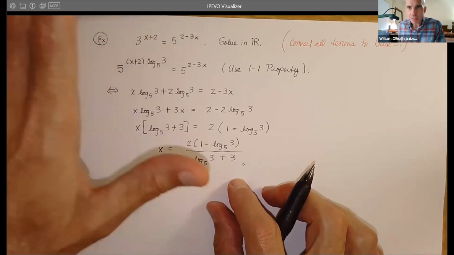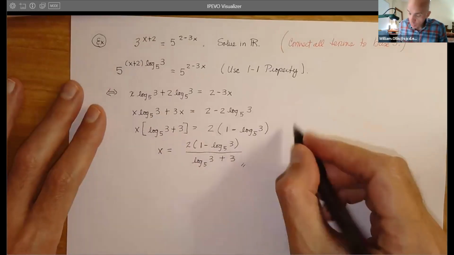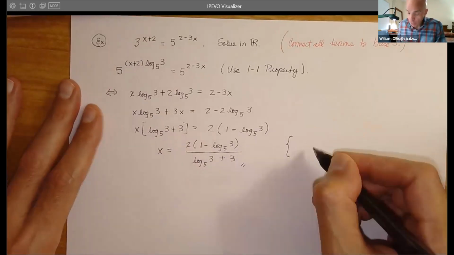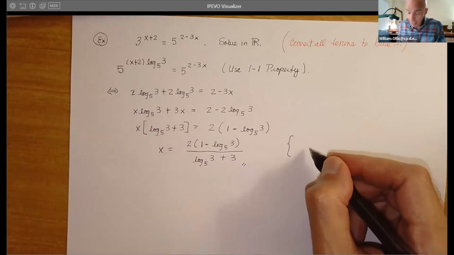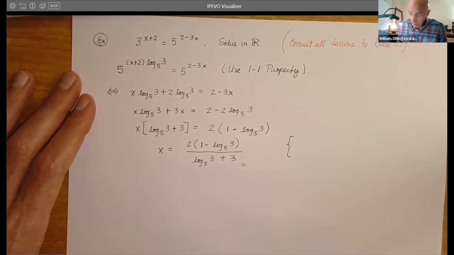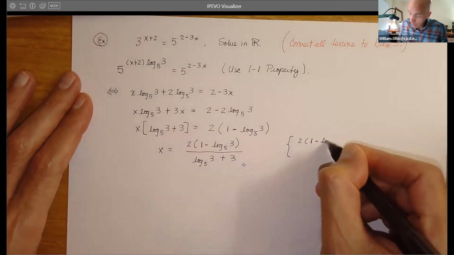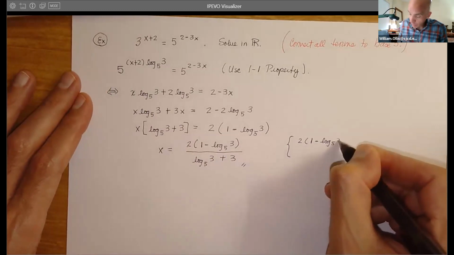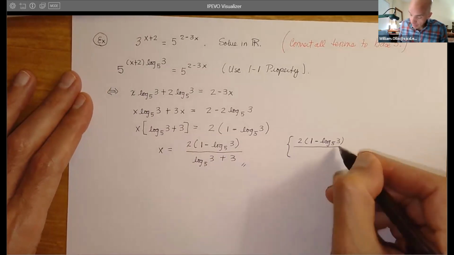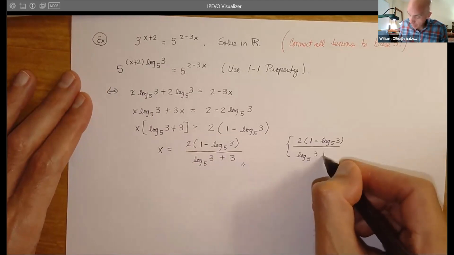We're not worried about any problems with radicals or division by 0. So now, if you needed to convert these to base e or base 10 for computational purposes, you could. But now we have our solution, 2 times 1 minus the base 5 logarithm of 3 divided by the base 5 logarithm of 3 plus 3.